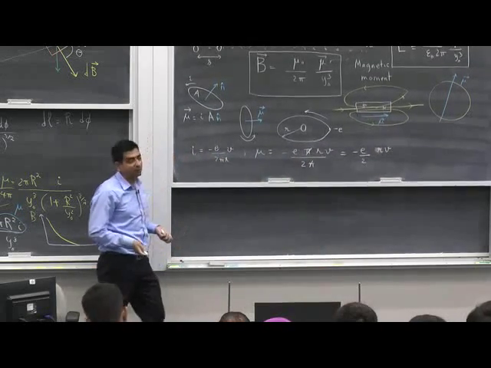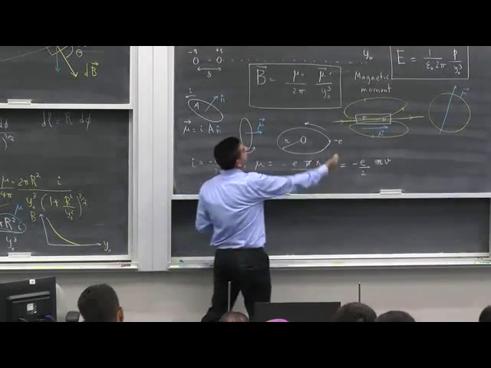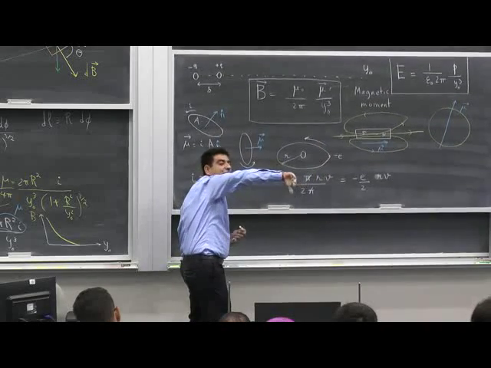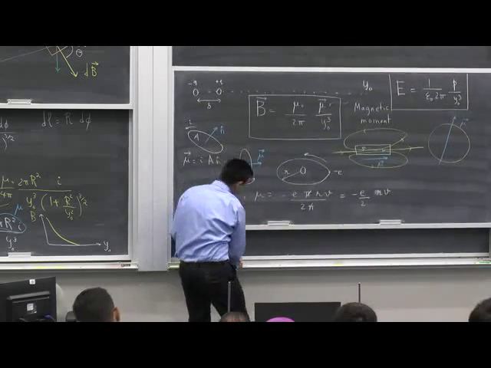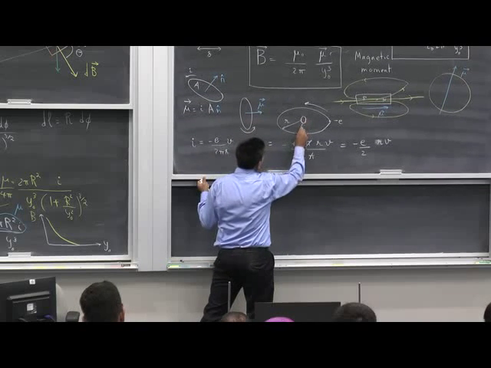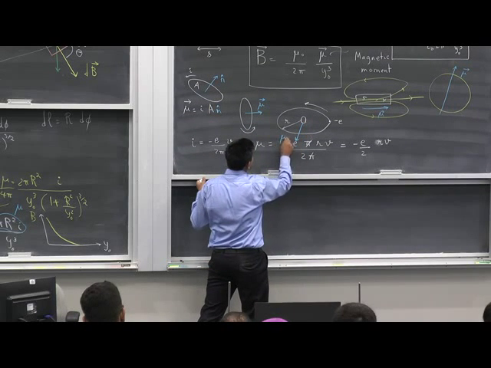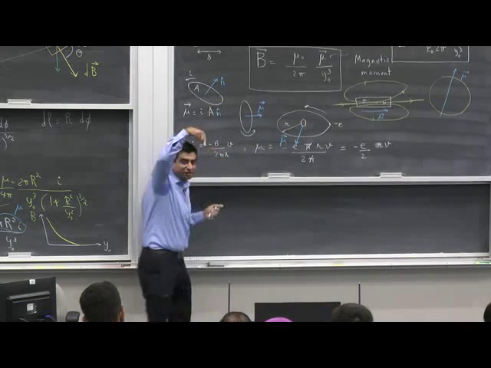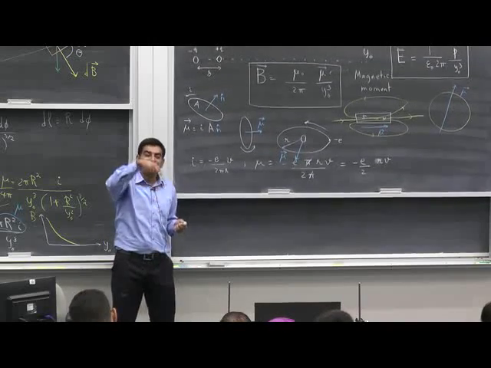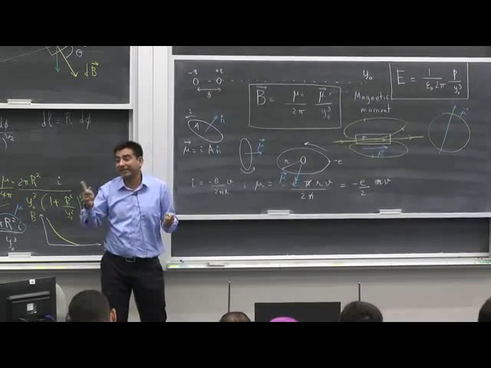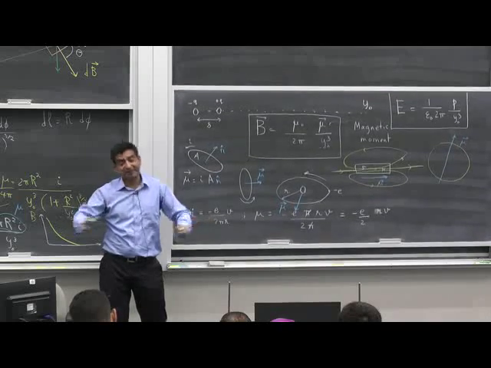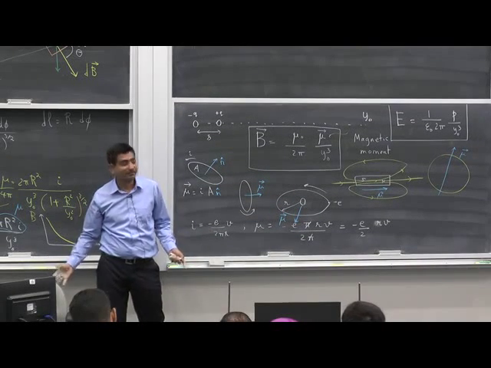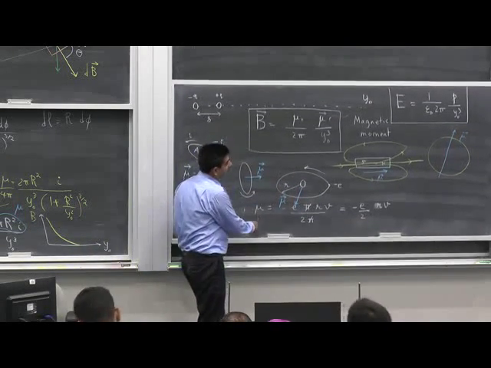This is the magnetic moment. Now, if the electron is going around like this, the conventional current is going around the opposite way, so the magnetic moment of this orbiting electron is actually pointing downwards. This is the direction of the magnetic moment of this circulating electron, which is really a magnetic dipole, by the way. It could be tiny, but it's a magnetic dipole. So, this is the magnetic moment.